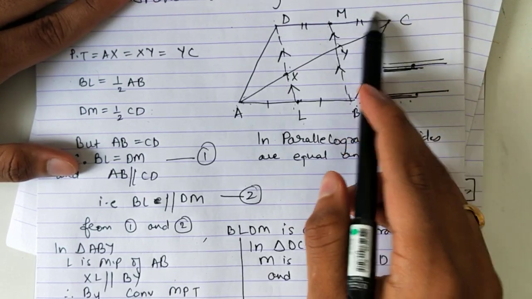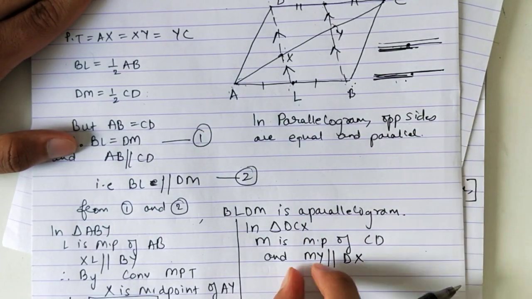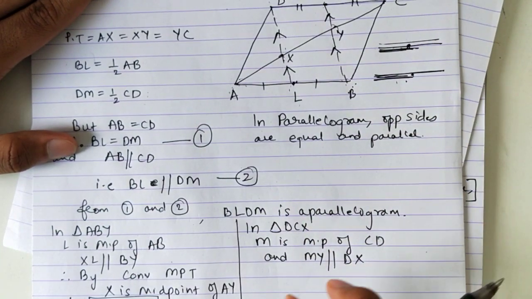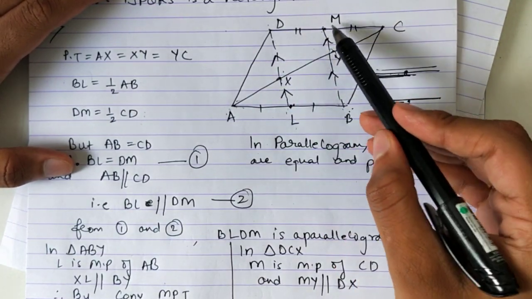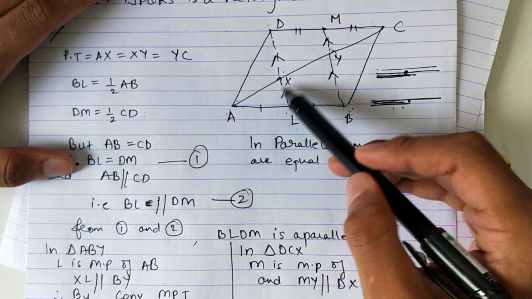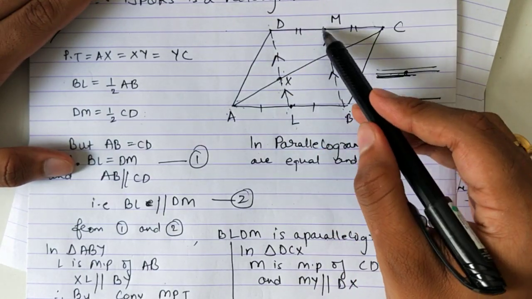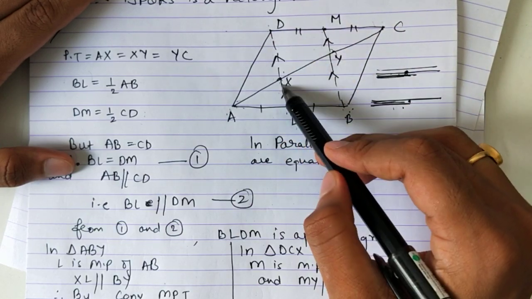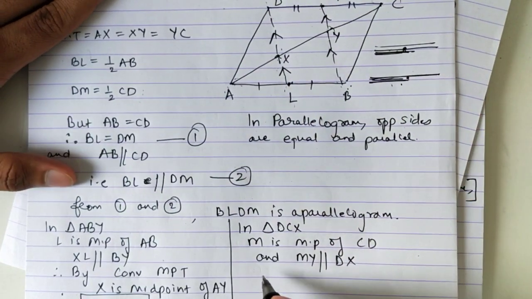Okay, see, copy the diagram in your textbook so that it is in front of you, and whenever I am writing these sides, you have to immediately see in the diagram that this is MY, this is DX, and they are parallel to each other. So midpoint भी है और parallel भी है. That means Y will be the midpoint of XC. Correct? See, one midpoint and parallel. So by converse midpoint theorem, Y will be the midpoint of XC.